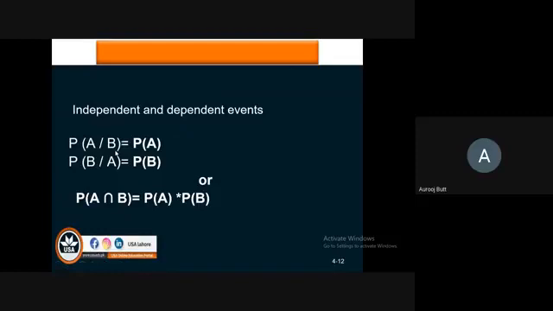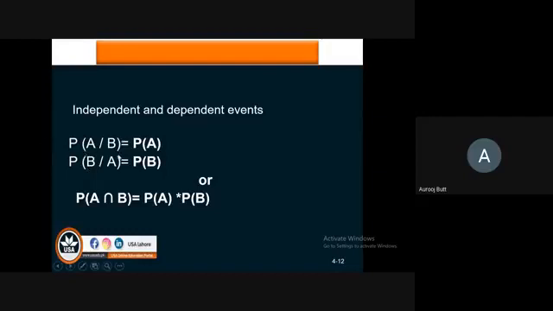That is equal to probability of A. Then comes probability of B given A. It means event A has already occurred and you have to compute the probability for event B. That is equal to probability of B, meaning that whatever event has occurred, no change occurs in event B.